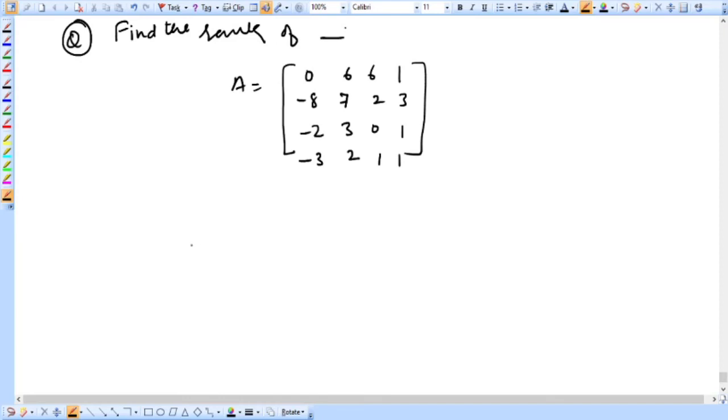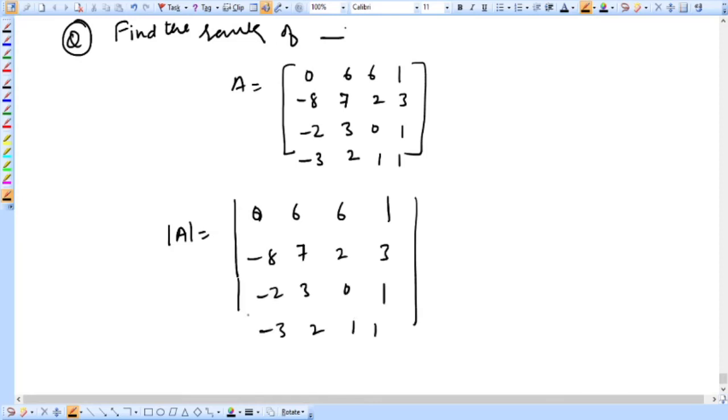You see it would have minors of 4 by 4, 3 by 3, 2 by 2 and 1 by 1. Firstly, you see the minor of 4 by 4 is the determinant of A, which is equal to 0 6 6 1, minus 8 7 2 3, minus 2 3 0 1, minus 3 2 1 1.